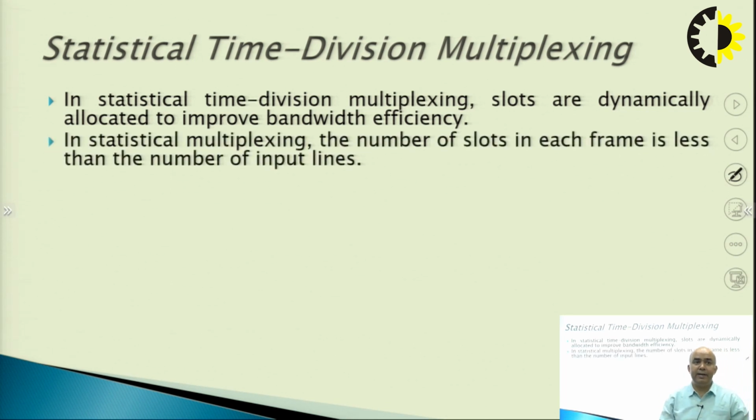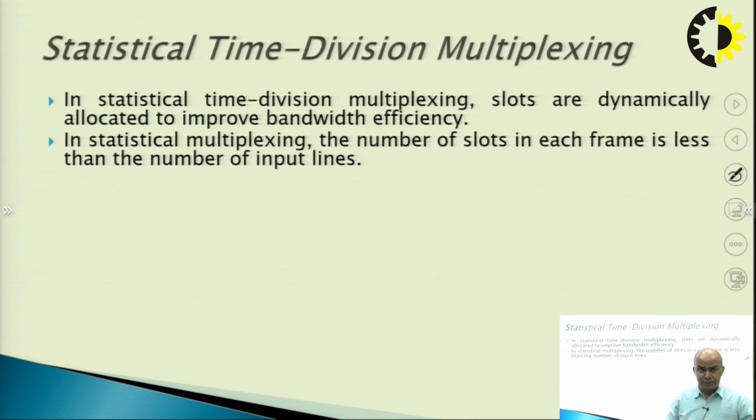In statistical multiplexing, the number of slots in each frame is less than the number of input lines. In synchronous, we have a frame where the number of time slots is equal to the number of users. But in this case, the number of slots in the frame is less compared to the number of input lines. The reason being, if any user is not sending data, they are not asked to send the data.